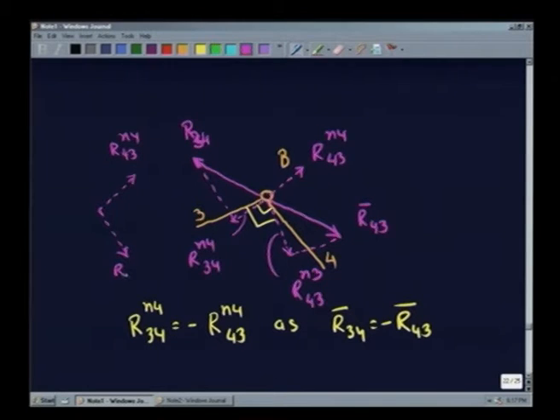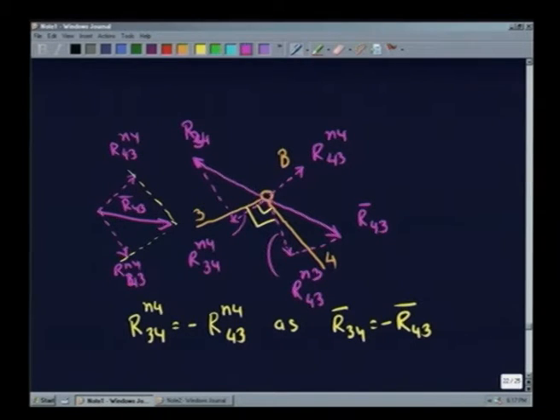The vector will be nothing but, if you draw perpendiculars from the tips where they intersect, this must be the vector R43.